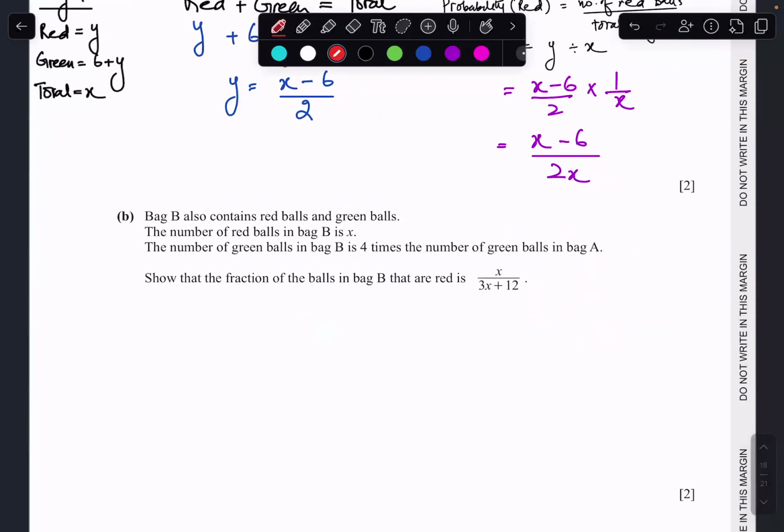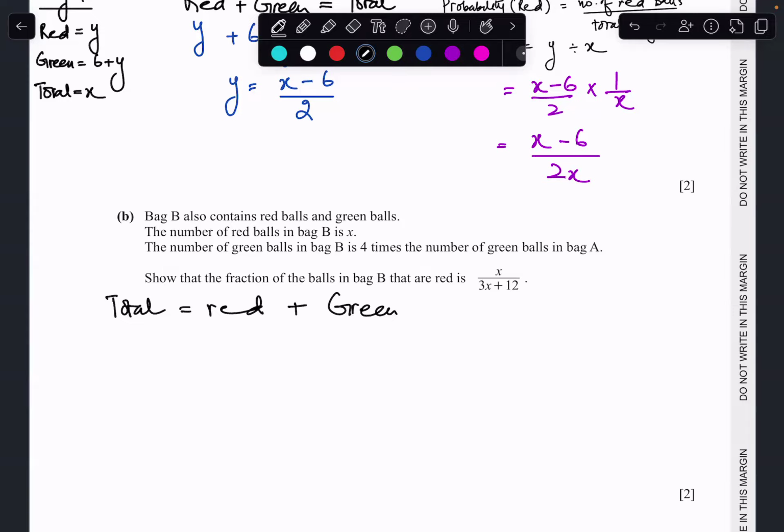Yes. Okay, B part. Bag B also contains red and green balls. The number of red in bag B is X, and the number of green in bag B is 4 times the number of green. Right? So I can again make a statement that the total should be red plus green.